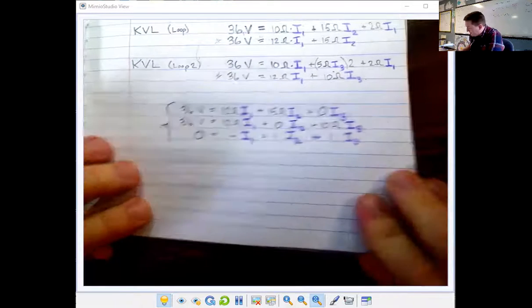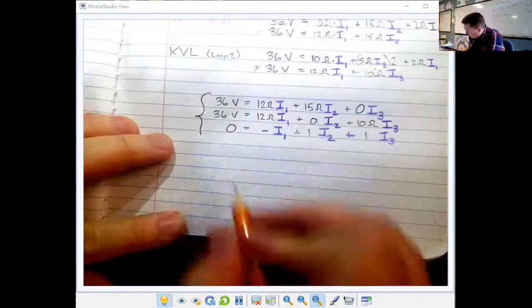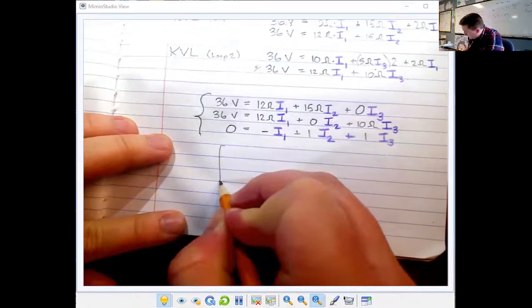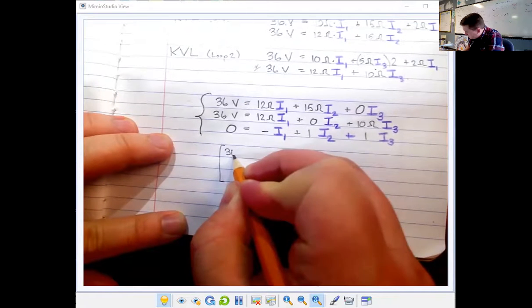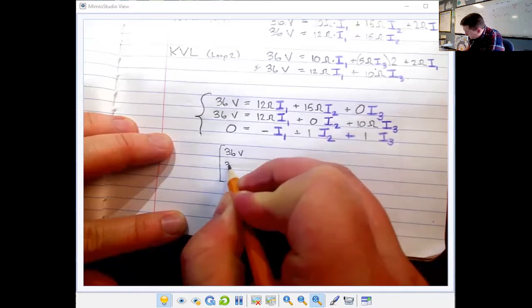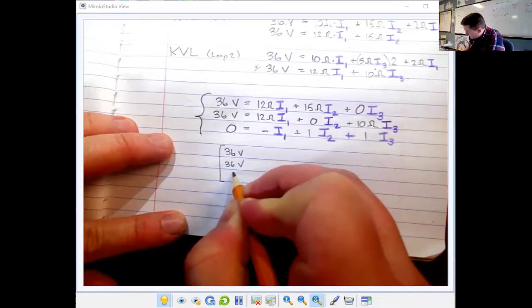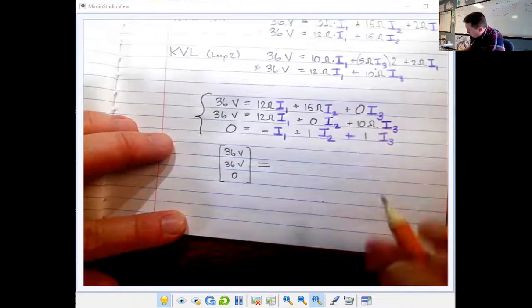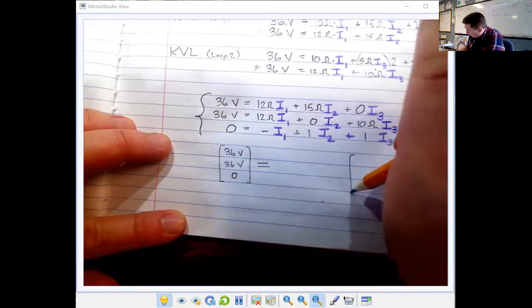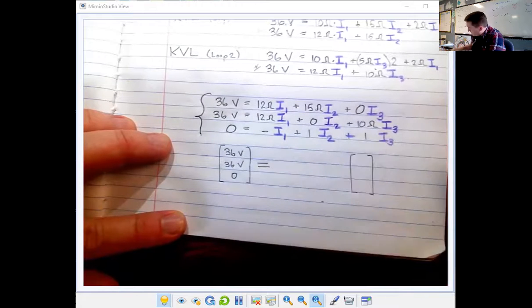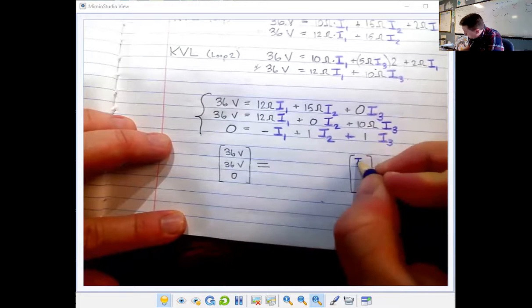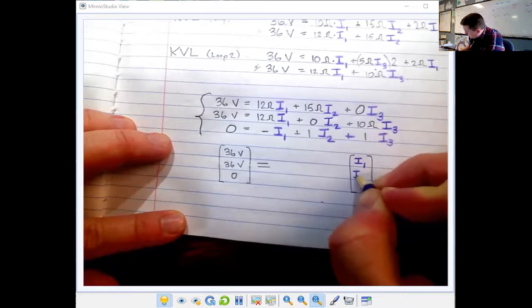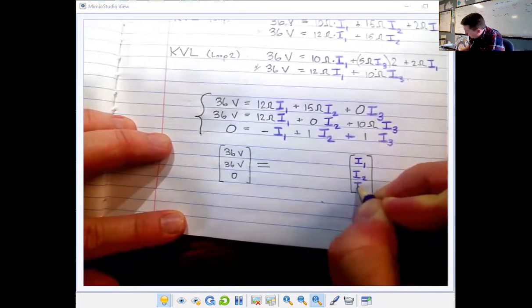We're going to rewrite this in matrix form. We have three things on the left side of the equation: 36 volts, 36 volts, and 0. Our three unknowns in order from left to right are I1, I2, and I3.